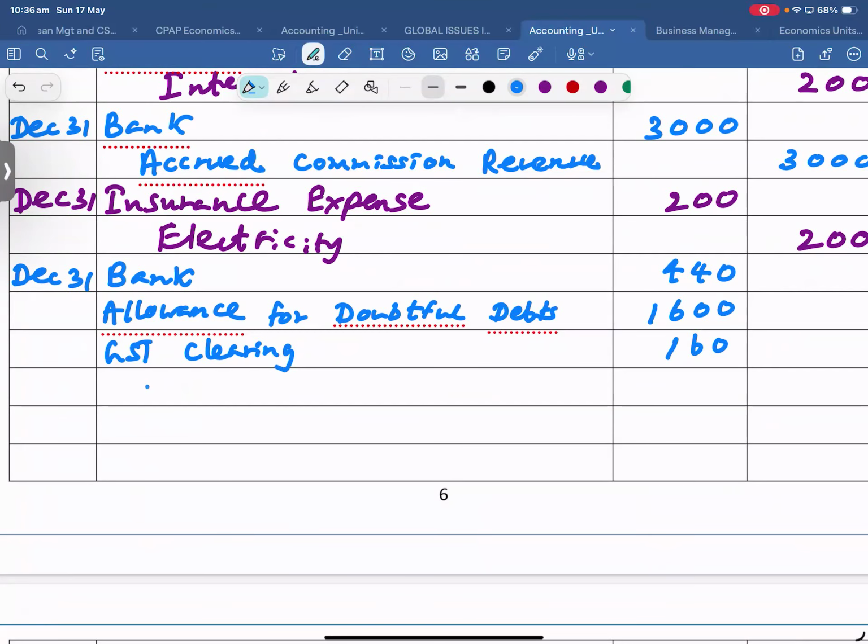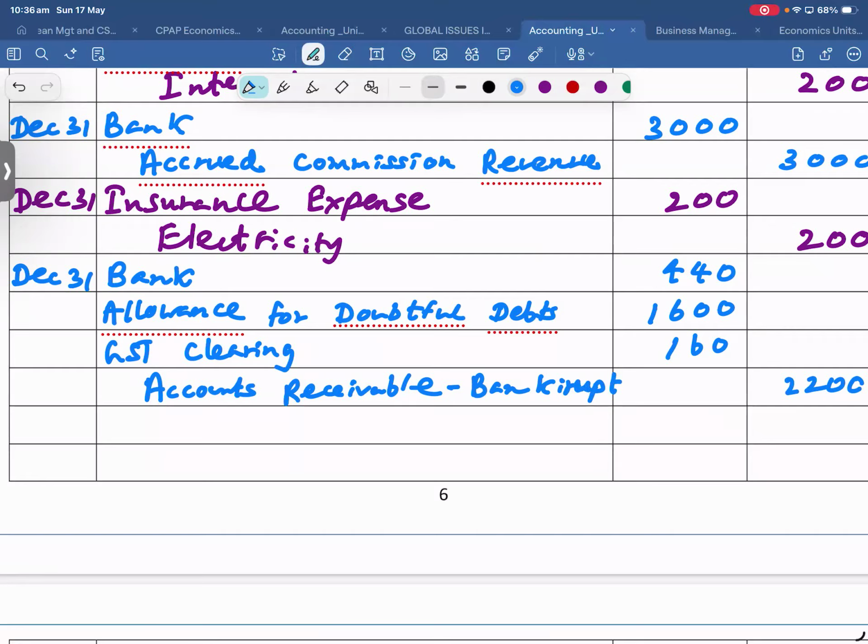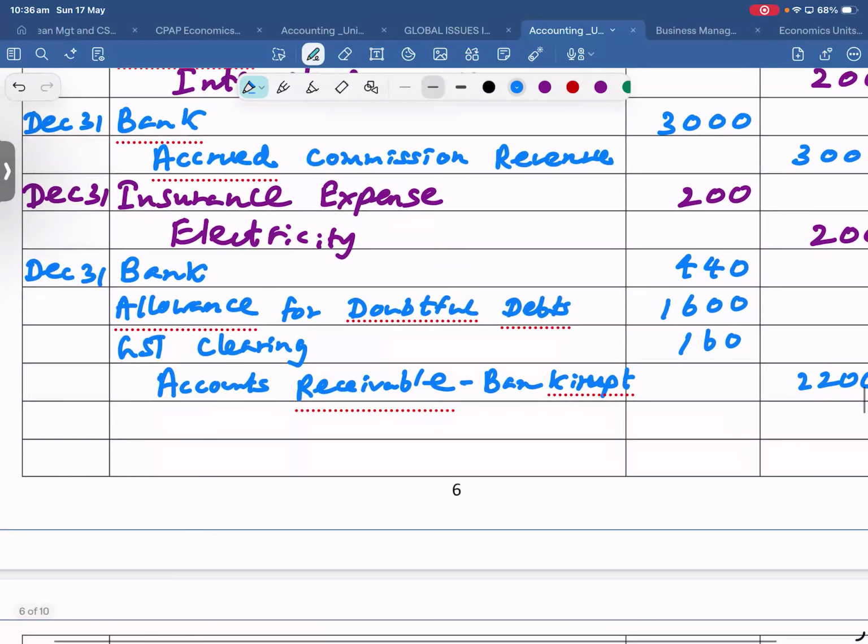And you are crediting where? I have this receipt. Accounts receivable, 2200. Write that man's name. Whenever we are given the accounts receivable or payable names, we have to write them. So it's done.